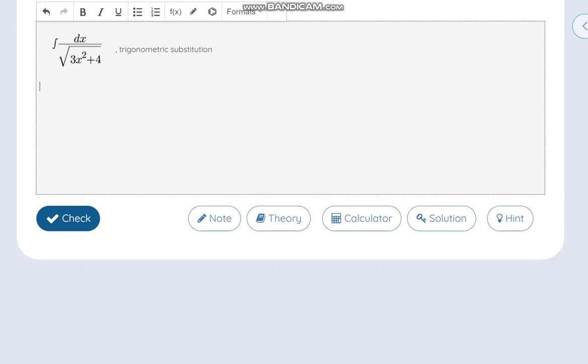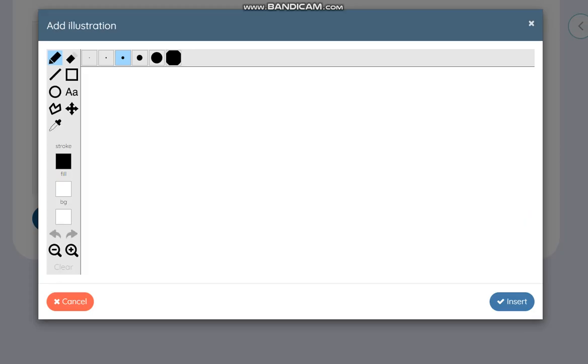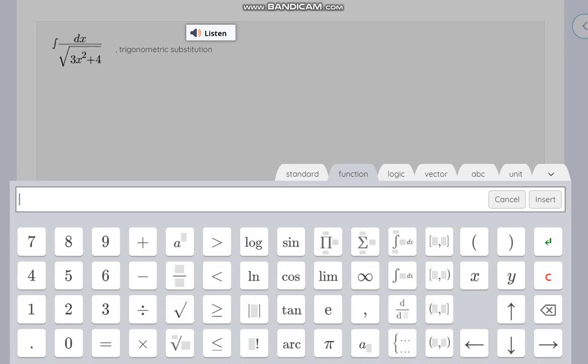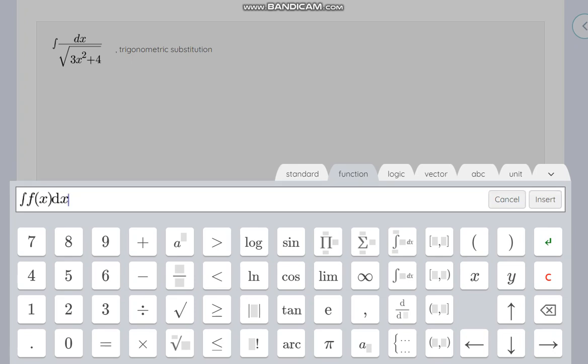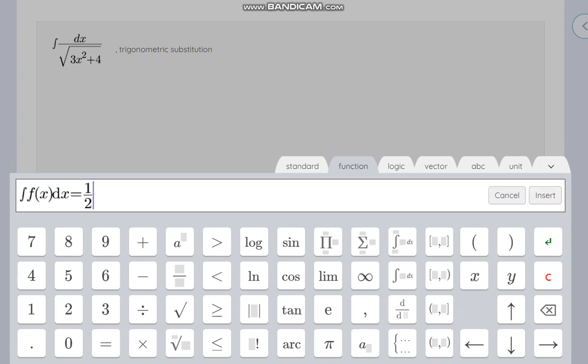So if we take this 4 out of the function, it becomes a 2 because there's a square root there, and it gets out of the integral. So the integral of our function becomes, sorry for that, becomes such a thing.